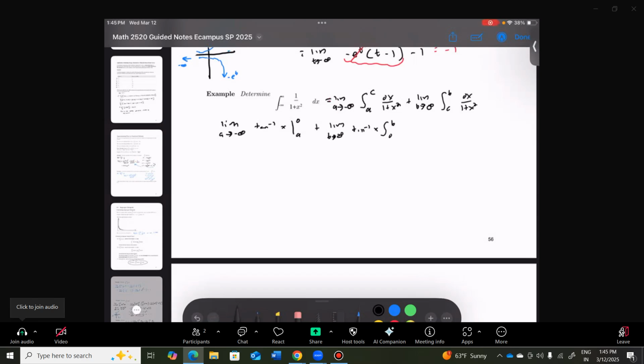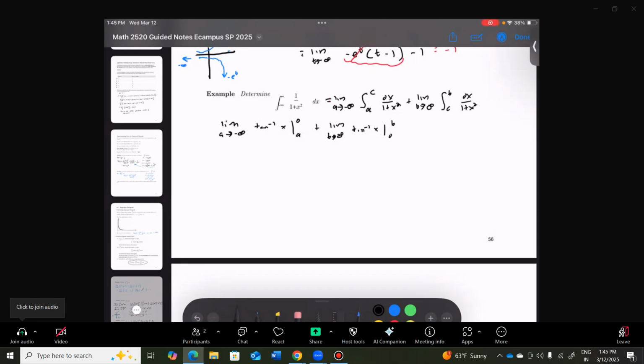Zero being that break between them. I meant the evaluation sign here.